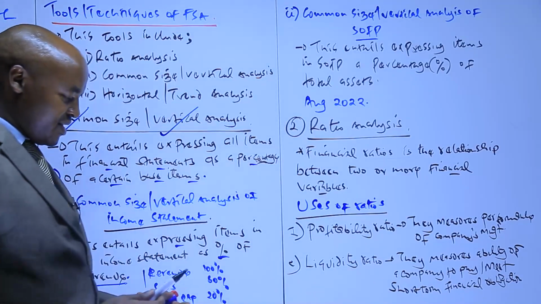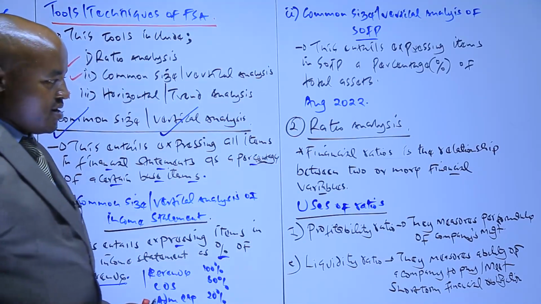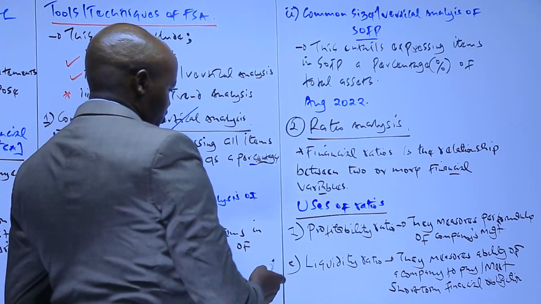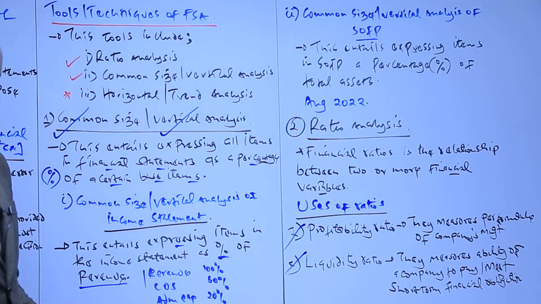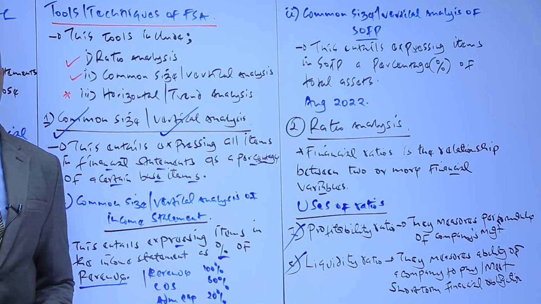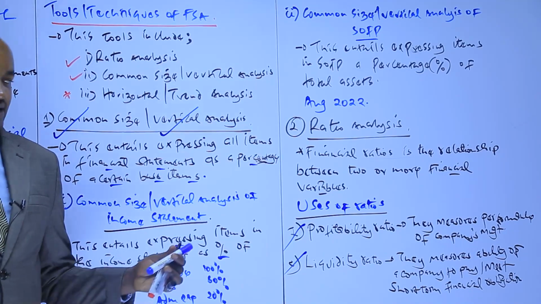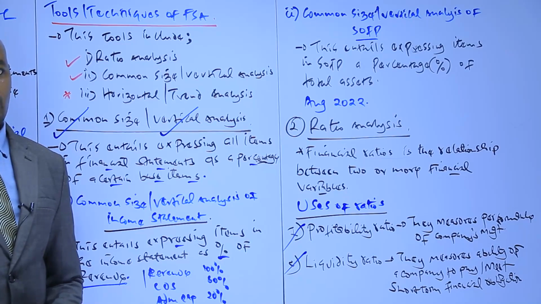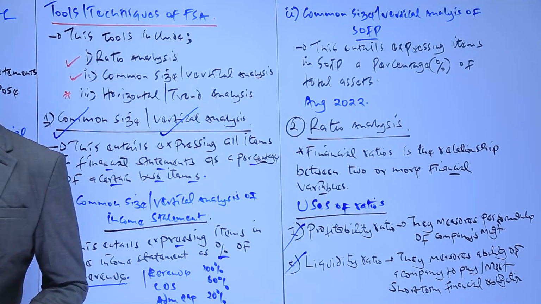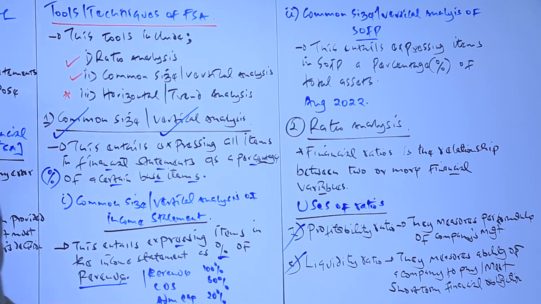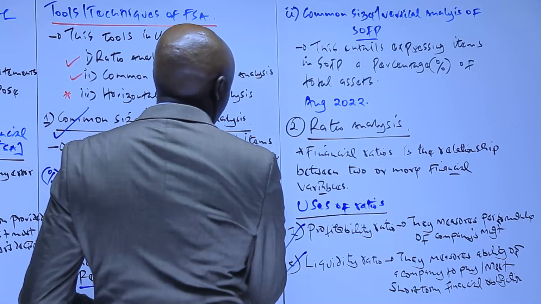So will a company be in a position to pay the short-term financial obligations as and when they fall due? Short-term financial obligations, basically we are talking of payments which are supposed to be made to the creditors and basically the suppliers. So the company will need to compute the liquidity ratios. Then from there we have the other category of ratios.